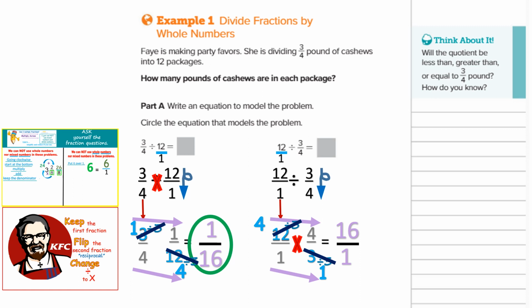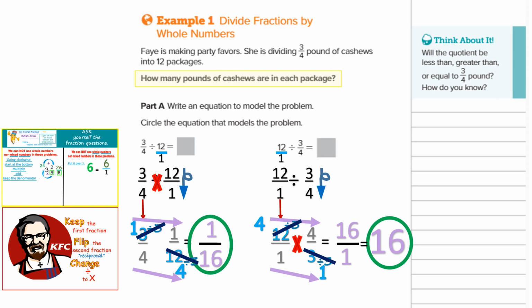So what we're saying is I only have 3/4 pounds of cashews, and I'm going to put them into 16 different packages? Does that make any sense? No, that doesn't make any sense at all, right? So when I'm thinking about the math that I'm doing and I get to my answers, once again, I have to think logically. How many pounds of cashews are in each package?